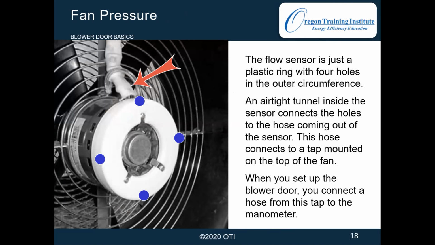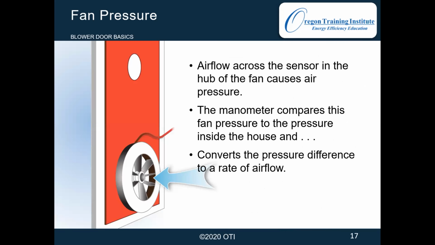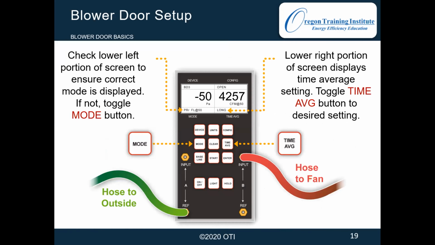But when our manometer is measuring, it only measures the pressure, but we want to find the flow. So when we connect our manometer to our blower door fan, and it measures the pressure over the fan or over these ring coils here, it's taking an average pressure inside the fan, and it's going to use that plus the knowledge of what ring you installed to calculate the flow.